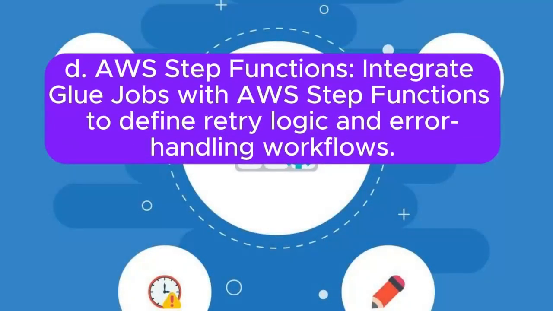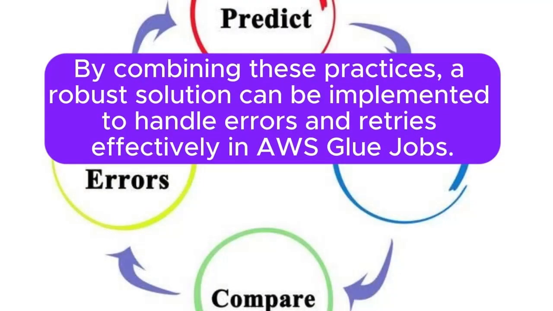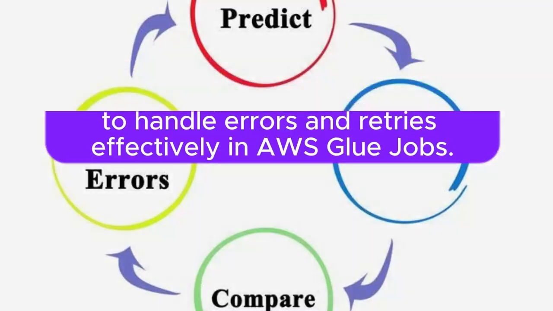D. AWS Step Functions. Integrate Glue jobs with AWS Step Functions to define retry logic and error handling workflows. By combining these practices, a robust solution can be implemented to handle errors and retries effectively in AWS Glue jobs.